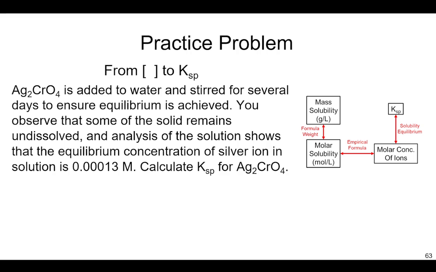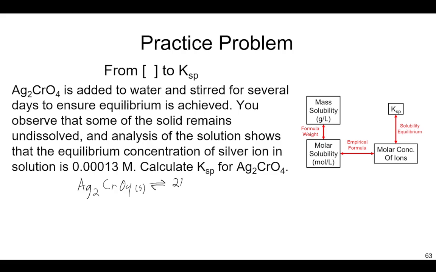Okay, so it's always a good idea to just think about writing a reaction for what's taking place here. So silver chromate, Ag2CrO4, is a solid, double arrow.